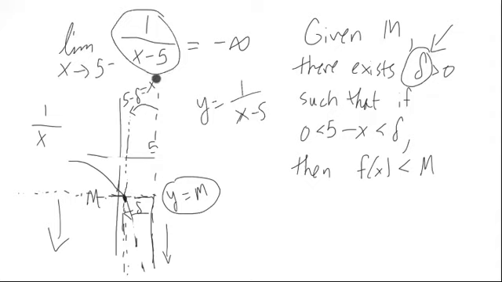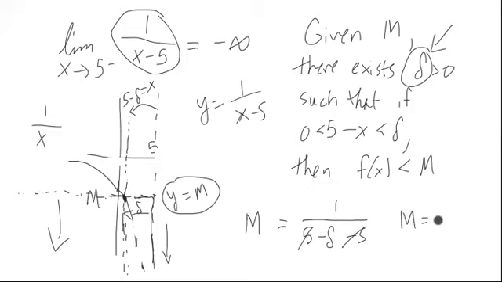So we can plug in 5 minus delta for x: 1 over 5 minus delta minus 5, and that is equal to the y value, which is m. Then we solve for delta. We take the reciprocal of both sides.